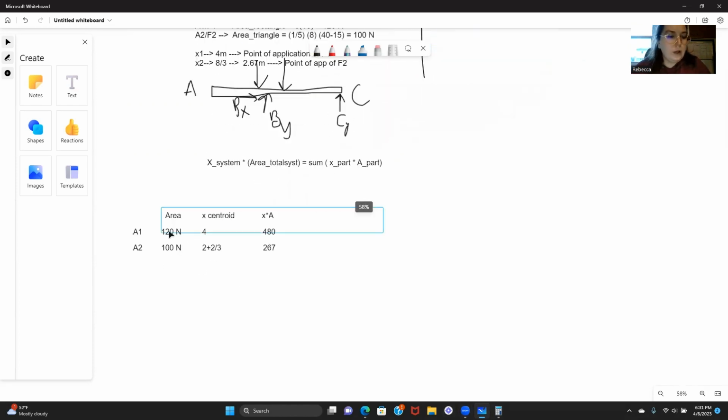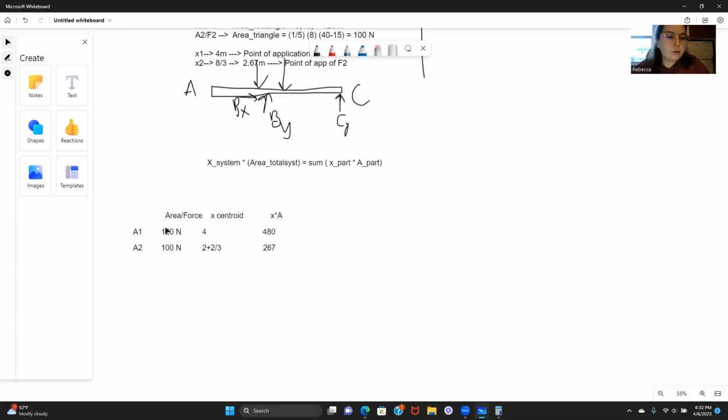So then when we go into here, our equation is going to have the x of the system. That's what we're looking for. The centroid of the system would be the total point force equivalent times the area of the total system, or the complete point force equivalent. Well, this area is force.